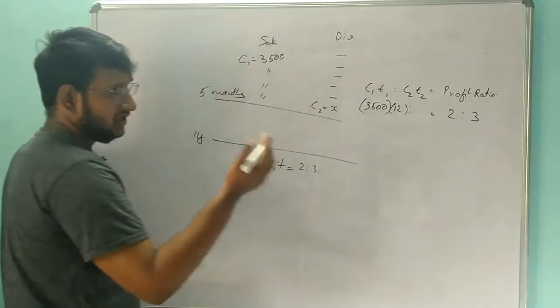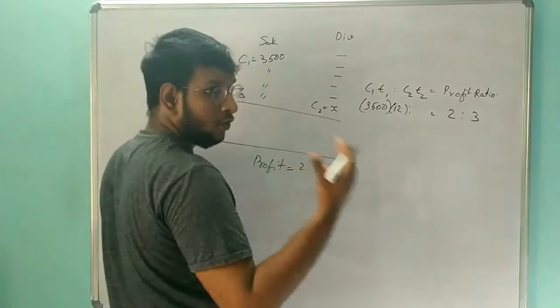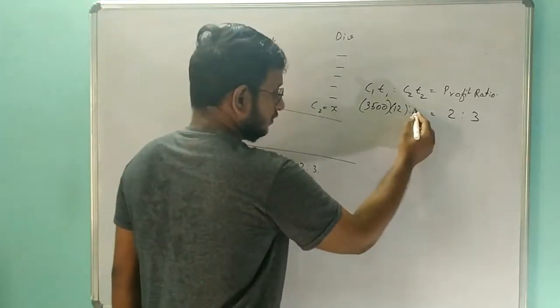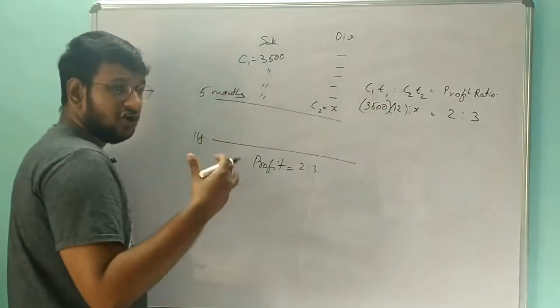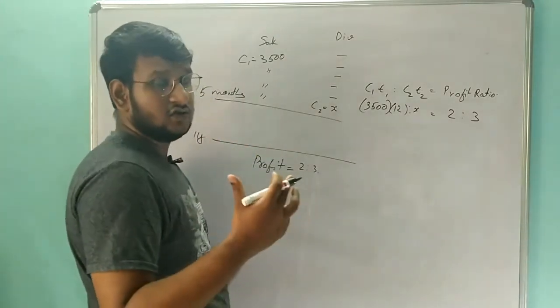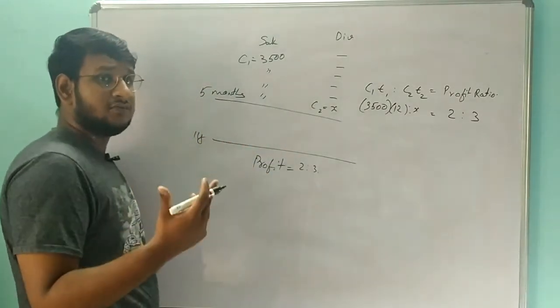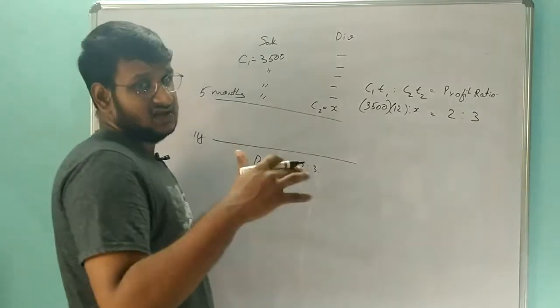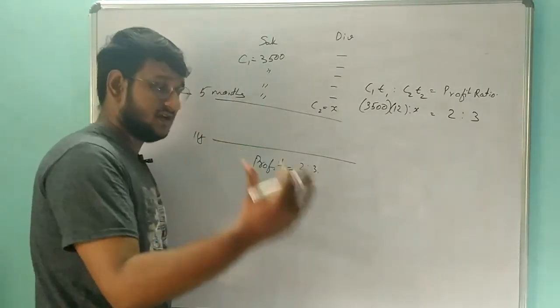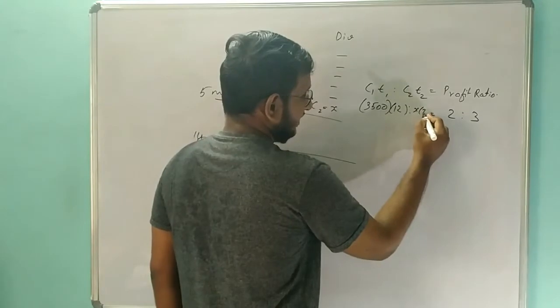We don't know the amount Divya has invested, so let's put it as x, and the period of investment is after 5 months. So she has kept that amount for 7 months. So we can use 7 as the time period.